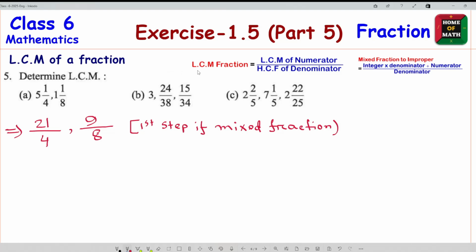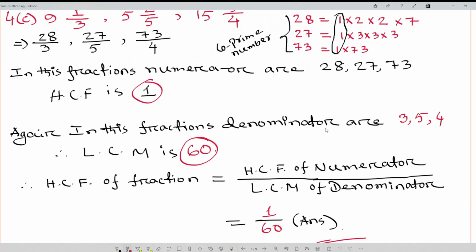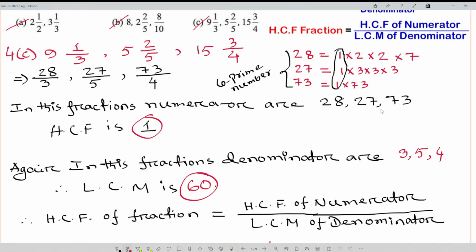Second, LCM of fraction, a rule which is LCM of numerator and HCF of denominator. So if you know the HCF of fraction, we already finished in part 4, the last video, where first we have to find out the HCF of numerator.